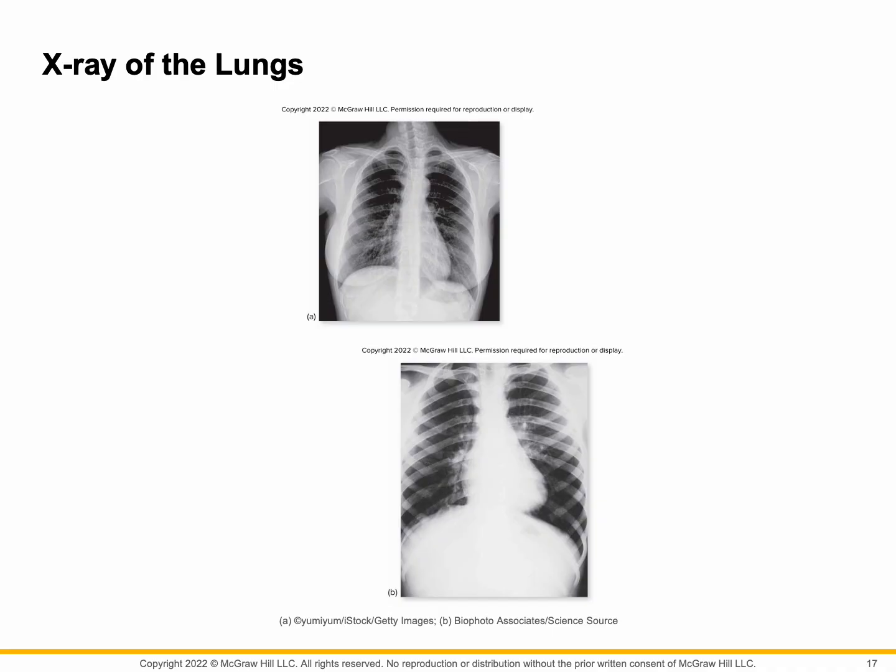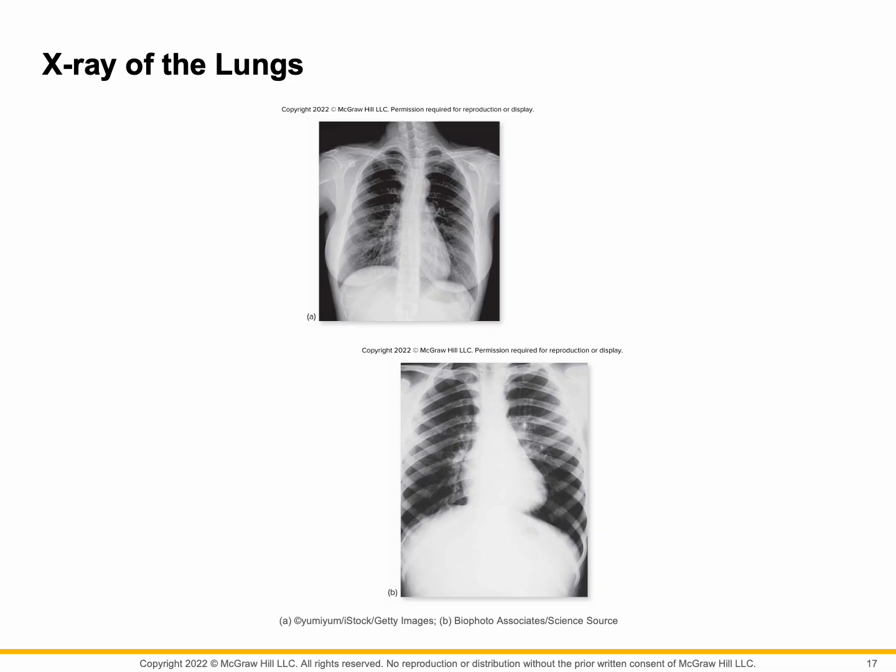Let's also take a moment to review the x-ray of the lungs here, where you can see the black is where the air is, so that's where the air is contained within the lungs. The base of the lung down below shows the diaphragmatic surface, where the diaphragm divides the thoracic cavity above from the abdominal cavity below.